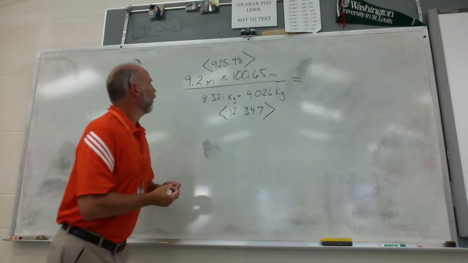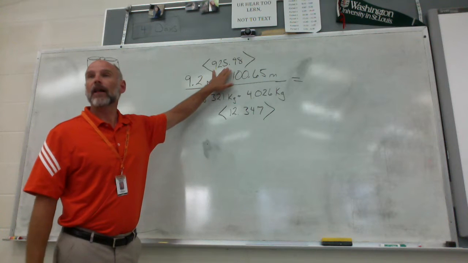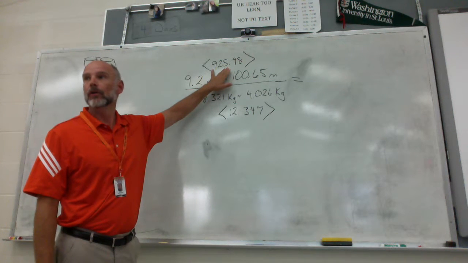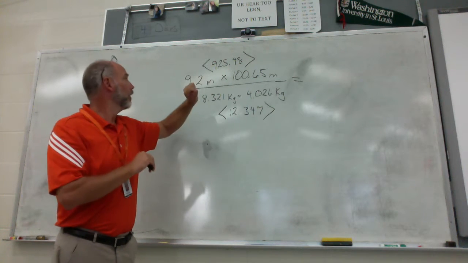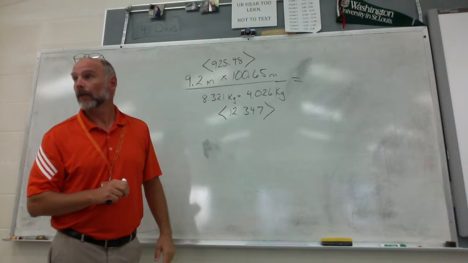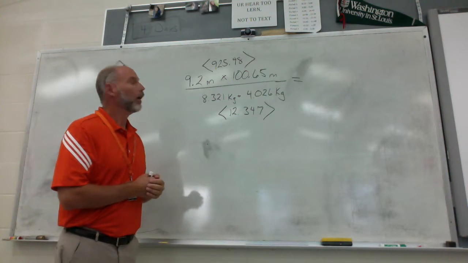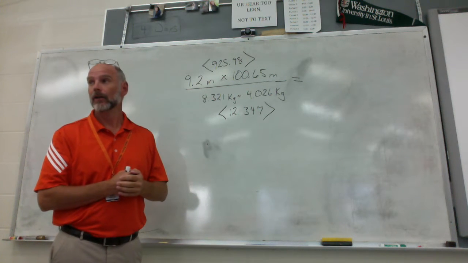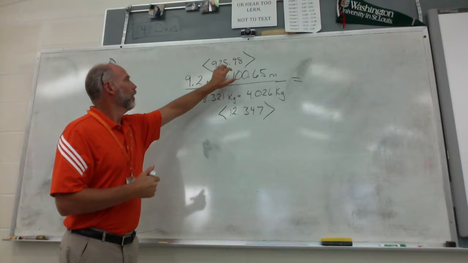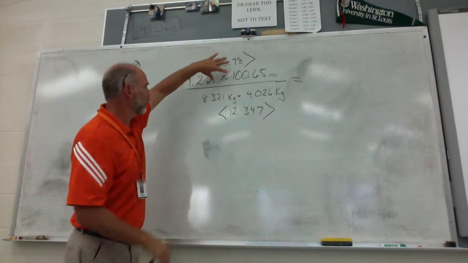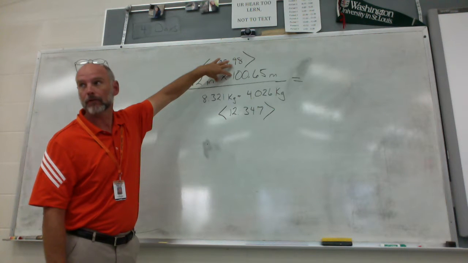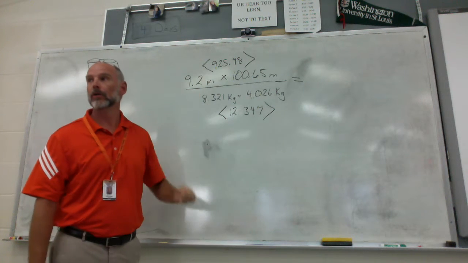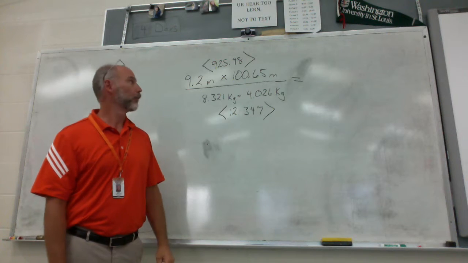Now, this particular result is valid where? Go ahead. To the 10th place? I disagree. Wait, what are you asking? I'm asking if I were to just write down the result of this and round it to the correct number of significant figures, what would I round it to? 3 significant figures?